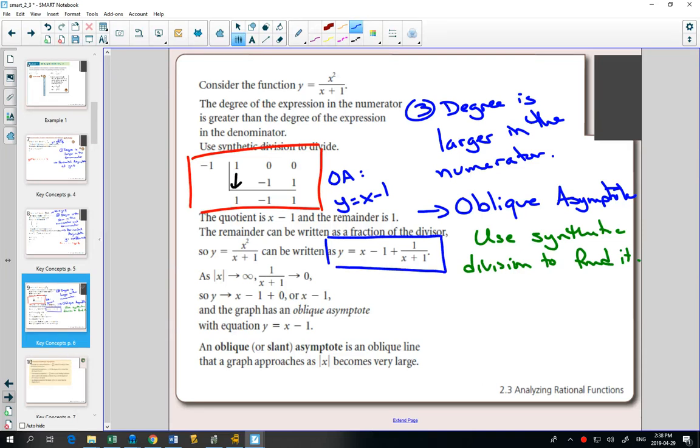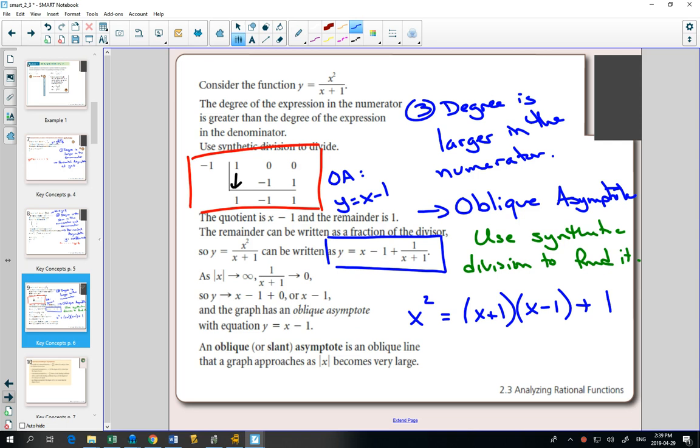Okay, I'll write the division statement out properly. Your equation, if you're doing x squared divided by x plus 1, the division statement would say that x squared is equal to x plus 1 multiplied by x minus 1 plus the remainder of 1.